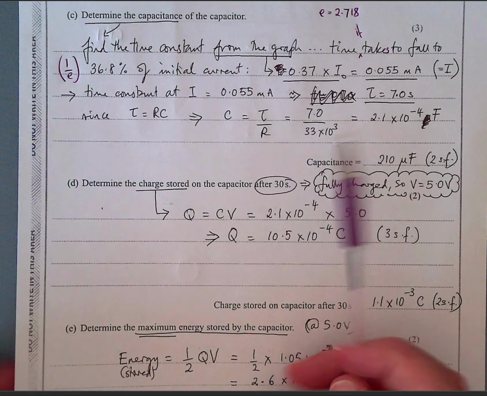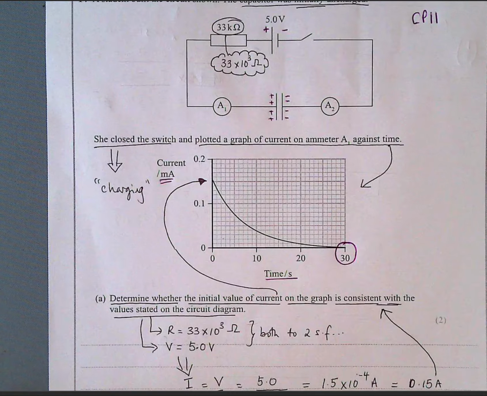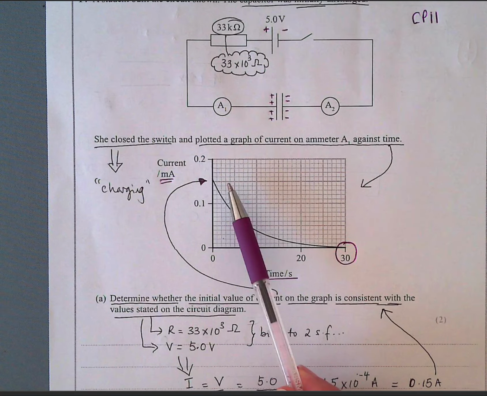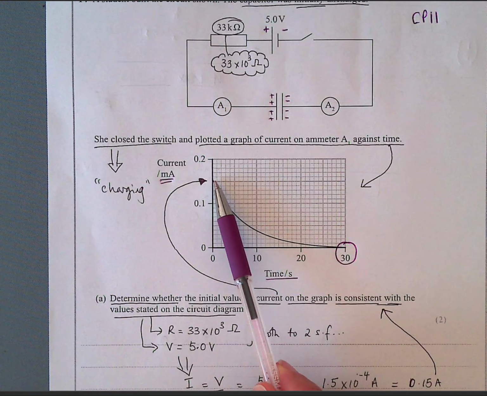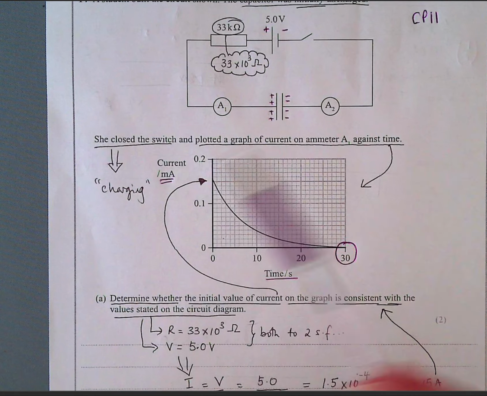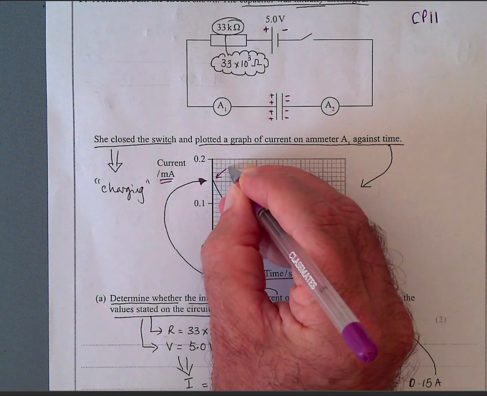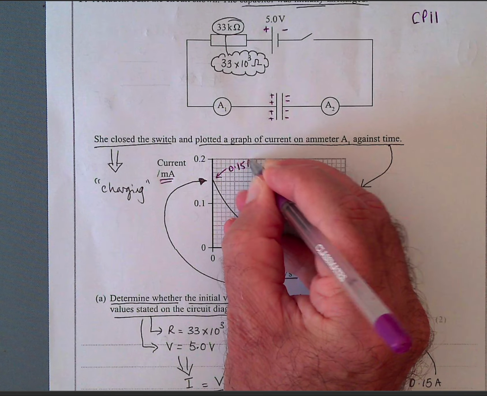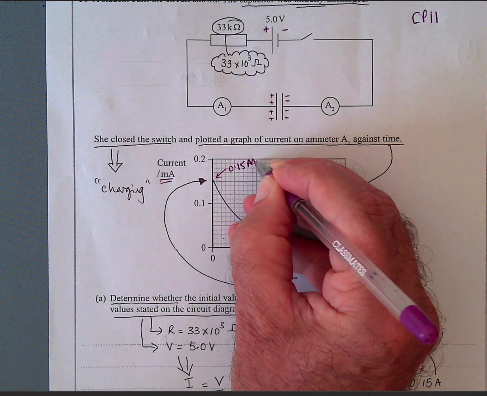So you can look at the graph and see, well, it starts at 0.15. So what is 37% roughly of 0.15? Remember over here we've agreed the starting current is 0.15 milliamps, I should write.